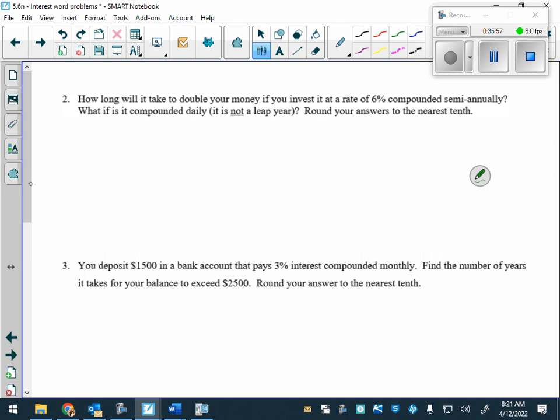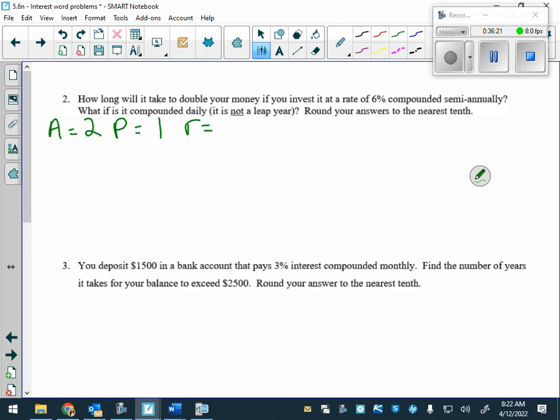Tyler? $1, right? So our P value can be $1. To double it, what would be our ending amount? $2, right?